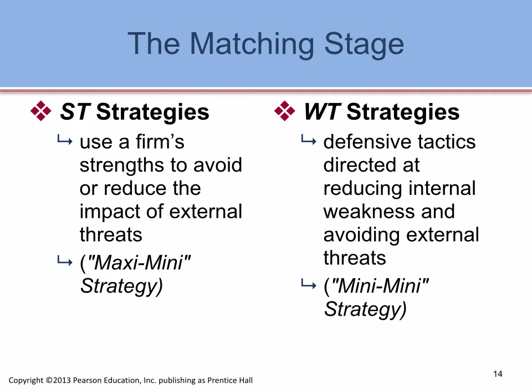For the ST strategy, the question we are asking, how can we take advantage of our strengths to avoid real and potential threats? Whereas in WT strategy, how can we minimize our weaknesses and avoid threats at the same time, which is a mini-mini strategy.